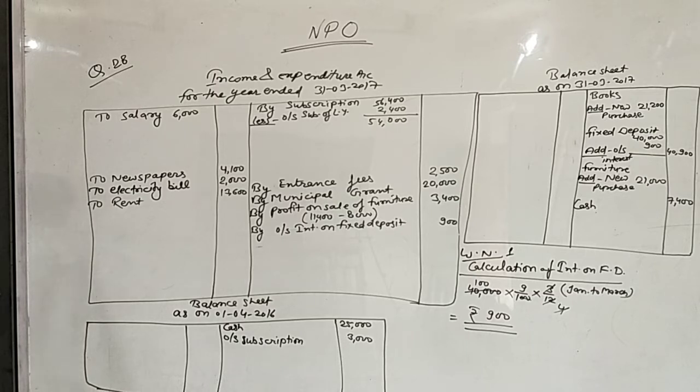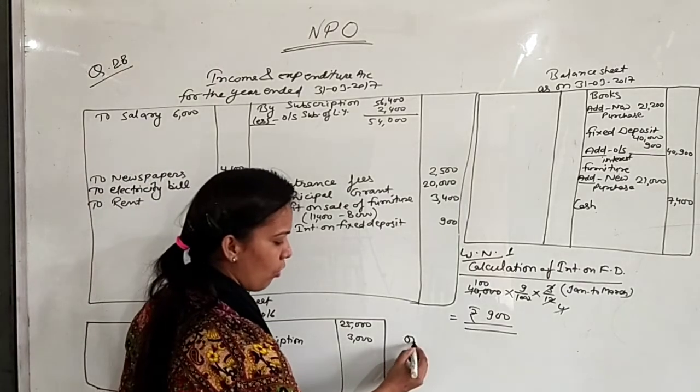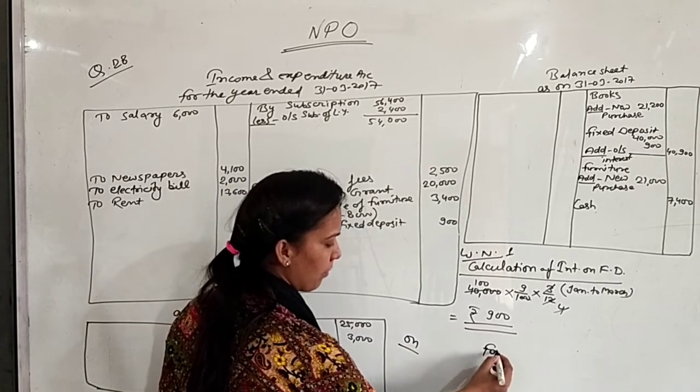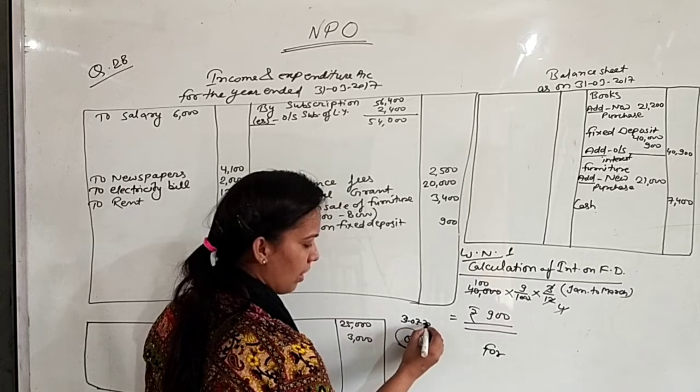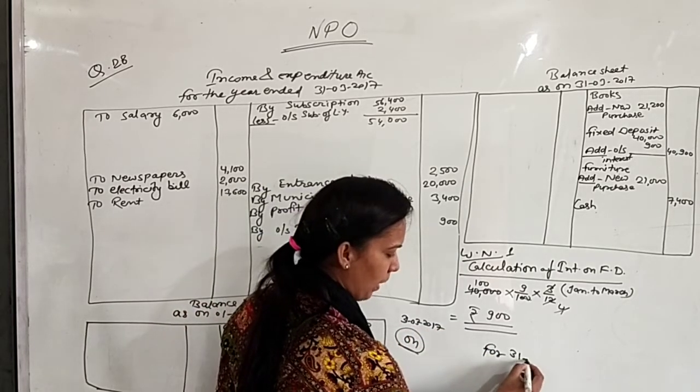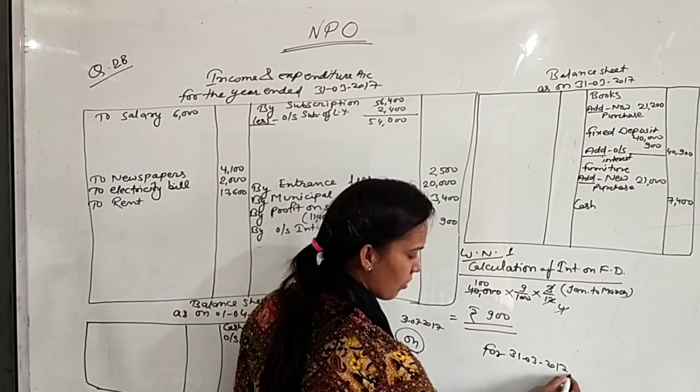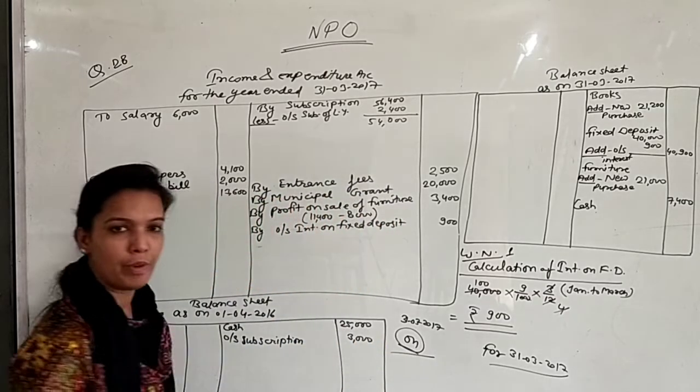Next point, and on 31st March 2017 is rupees 6,000. Once I told you about the difference between on and for. On 31st March 2017, and the second point may be for 31st March 2017. What is the difference between both the points?